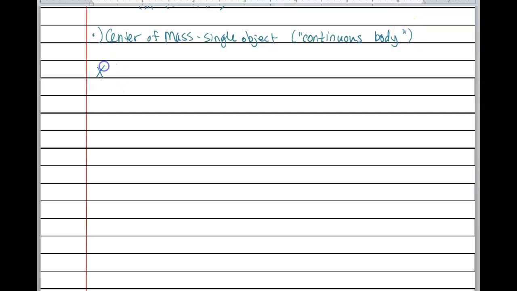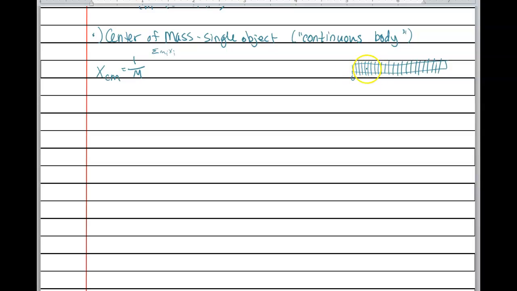All right, to find the center of mass of a continuous body, we still need to divide our position times masses by the total mass, but instead of summing up our individual point masses times their positions, because we just have one thing, we need to cut this continuous body into a bunch of tiny little pieces, and each piece has some mass and is some position away from our reference.